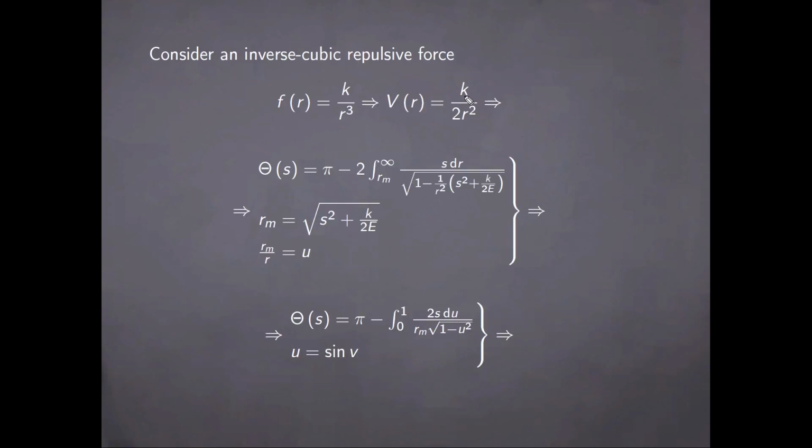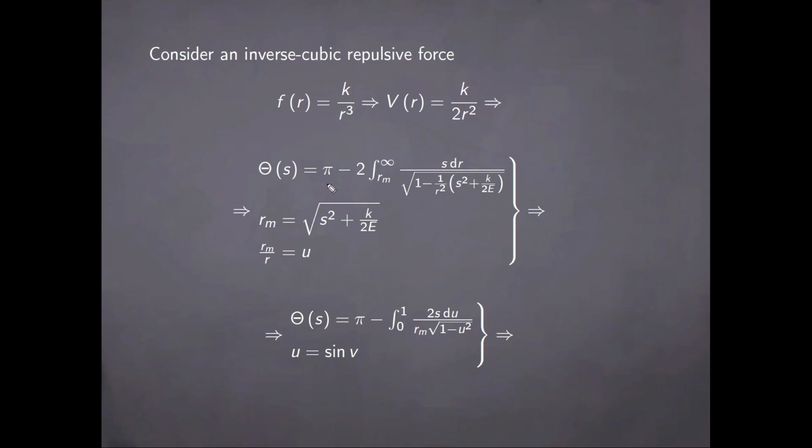Another example where the scattering angle can be calculated analytically for integration is that of an inverse cubic repulsive force. So a force given by this expression, for which the potential is given here, and then the scattering angle as a function of the impact parameter follows as pi minus 2 times this integral.